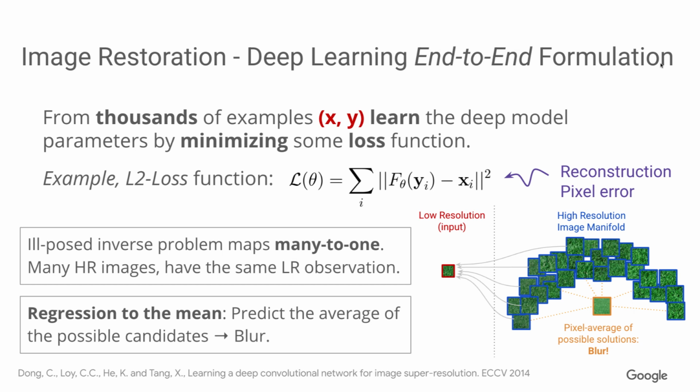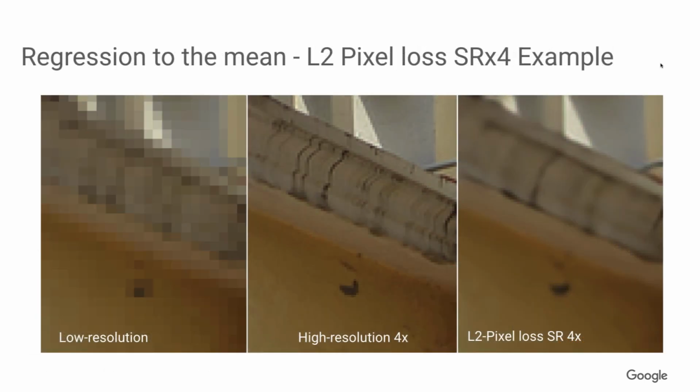The predicted image won't necessarily look natural and will typically be blurry due to the averaging of many possible candidates. Here, you can see an example for a super-resolution network trained with an L2 pixel loss. The predicted image lacks details and looks blurry.